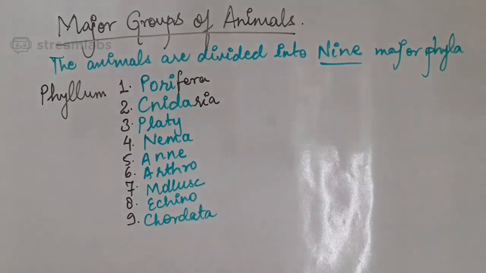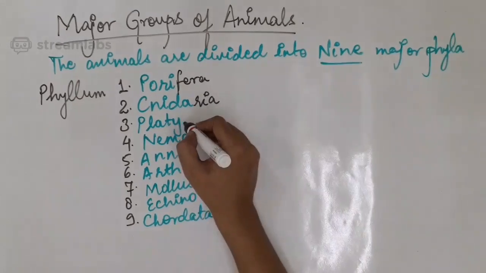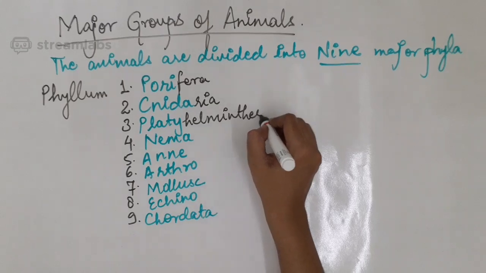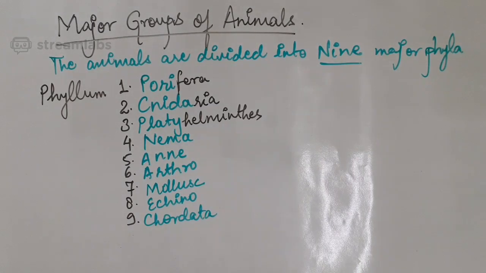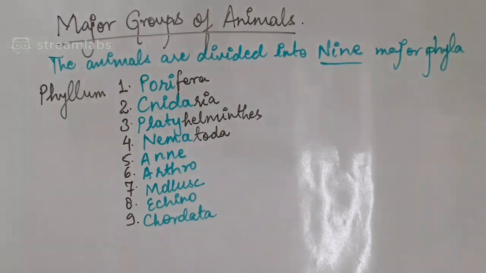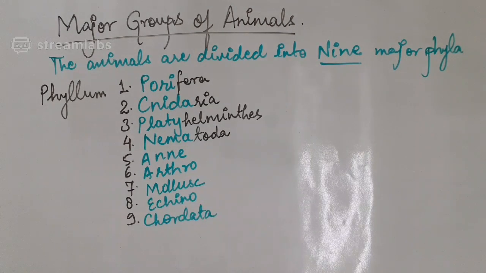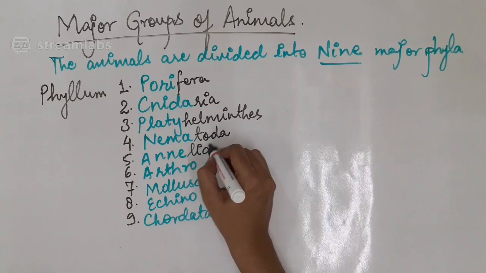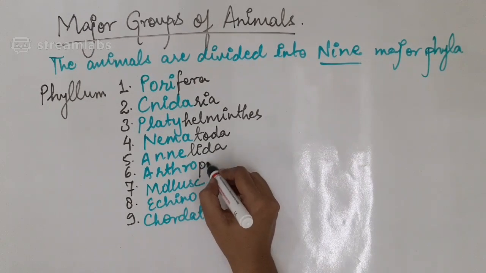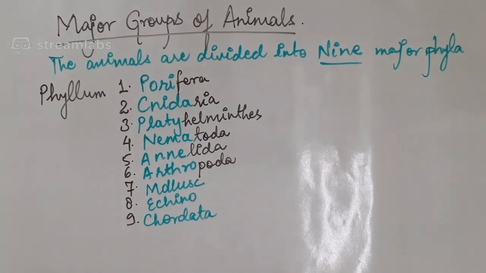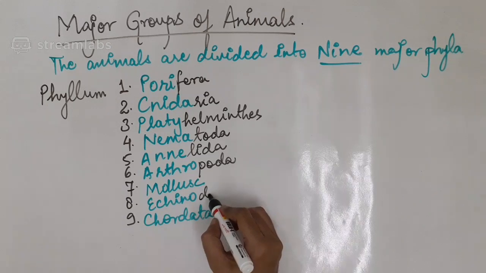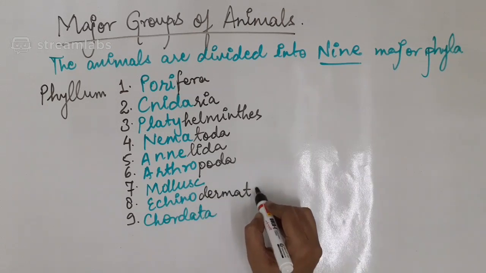Third is phylum Platy, that is Platyhelminthes. Fourth phylum is Nema, that is Nematoda. Fifth is Ane, that is Annelida. Arthropoda. Mollusk is Mollusca. Then Echino means Echinodermata.